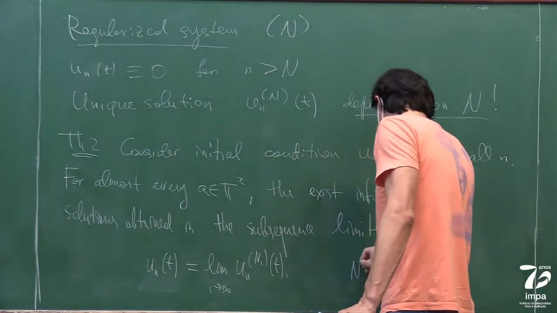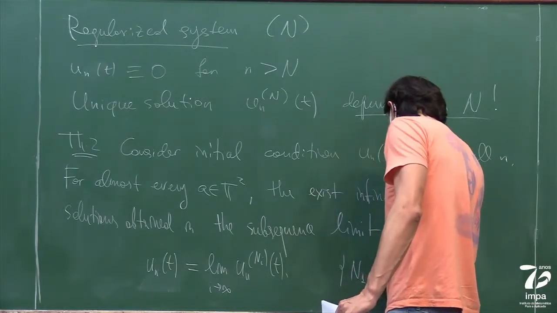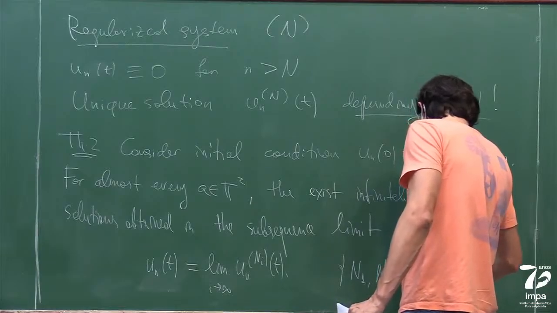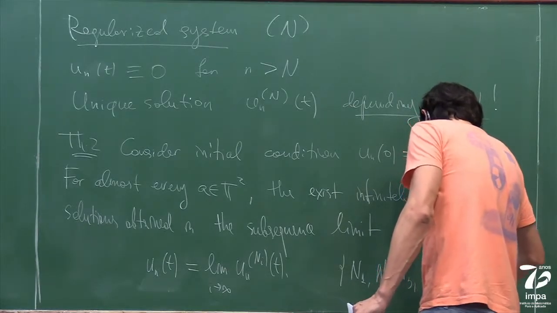So here we have a subsequence n_1, n_2, n_3, going to infinity, right?